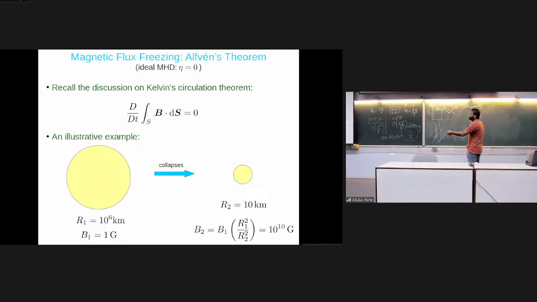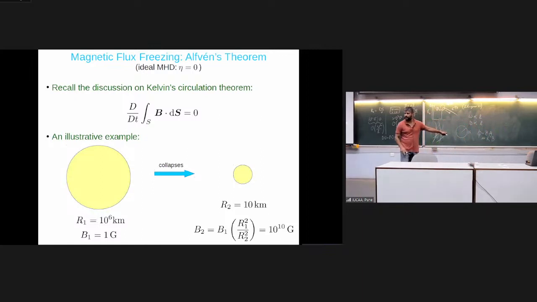It's simply due to the squeezing, because of flux conservation. The flux through this area I could simply write as B times A, which is radius squared times B, from 4 pi r squared.